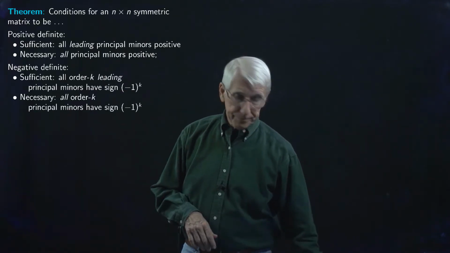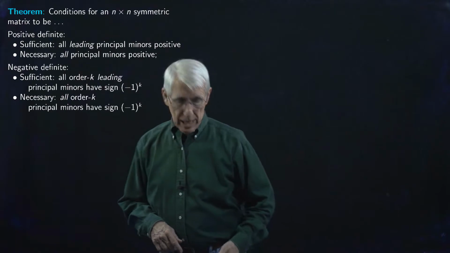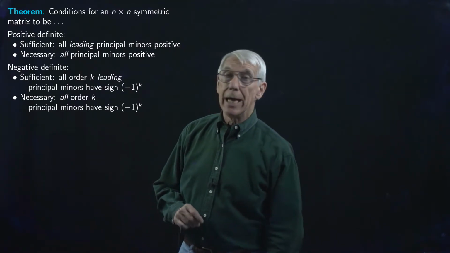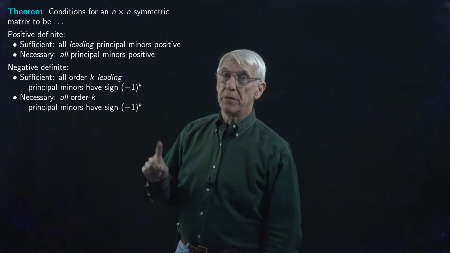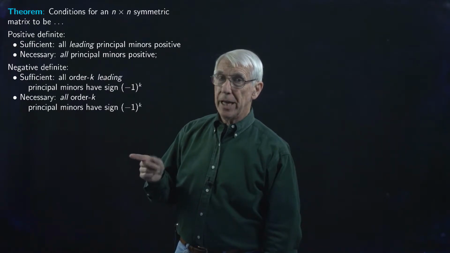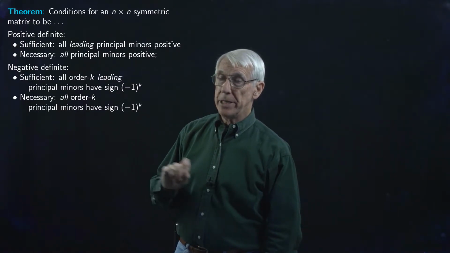Okay, now let's give some general theorems about positive and negative definiteness and positive and negative semi-definiteness, theorems that generalize the theorems that we obtained in the n equals 2 case to any n. Here we have a theorem that generalizes our theorem about positive and negative definiteness, and after that we'll go on to look at semi-definiteness.